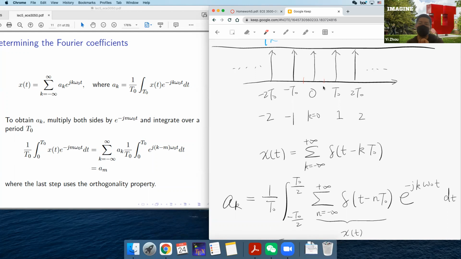So I don't really need to care about whether to close the interval on these ending points. But when you consider 0 to T naught, then it looks like you will touch two arrows, but you should only consider one because the impulse only repeats every T naught seconds. So make sure you always make it half open and half closed.